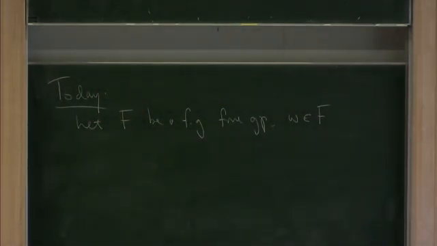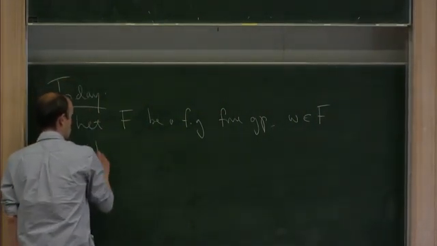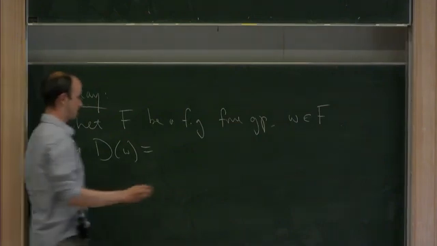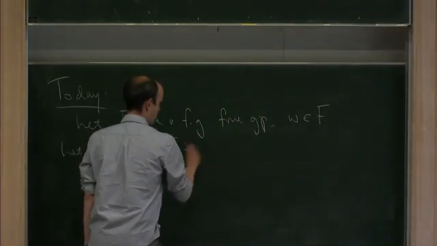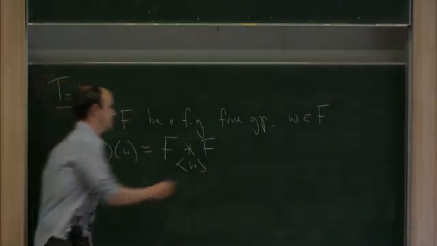Well, then I can now build a hyperbolic group in a very naive way, or at least a group that's frequently going to turn out to be hyperbolic. I'm going to let D of W be the double of F along W. So it's just going to be F amalgamated with F along the cyclic subgroup generated by W, okay?